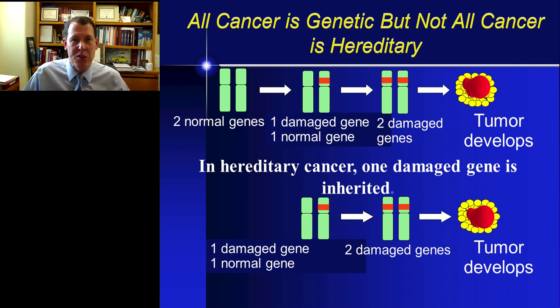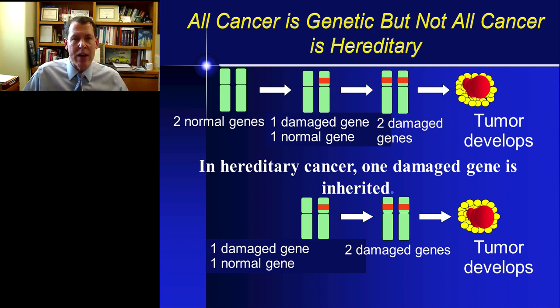And if we go back to our basic biology, we all have two copies of normal genes on our two sets of chromosomes. And classically, when we think about genetics and cancer, one would have one damaged gene and one normal gene, and the patient's okay. But then when two damaged genes occur, a tumor develops.